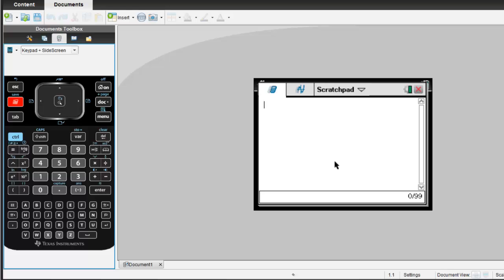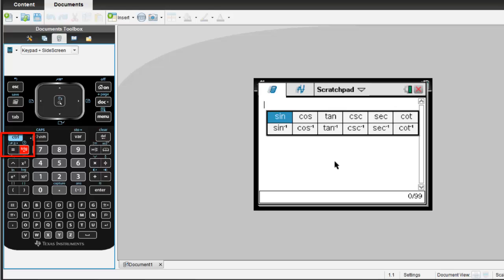If you look at your calculator keypad, underneath the control button is the trig button. And you see we have our 6 trig ratios. Now you can also see we have sine to the -1 power. That's an inverse, if you recall from our inverse matrices. So we'll come to that in lesson 2. Right now all we're worried about is sine of 30.